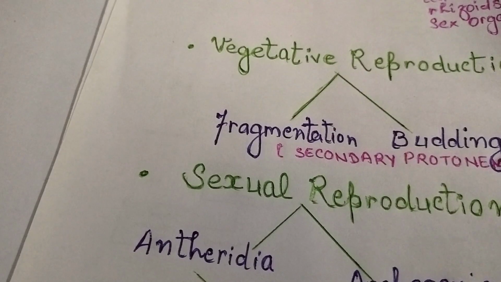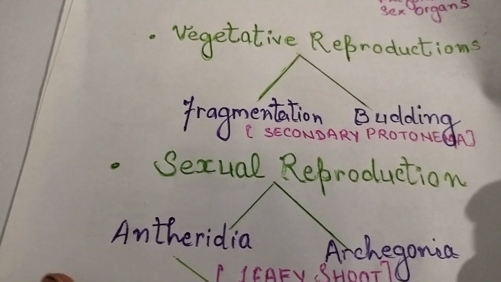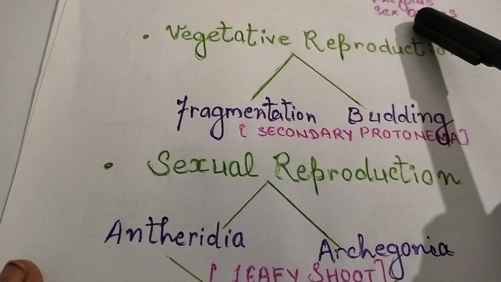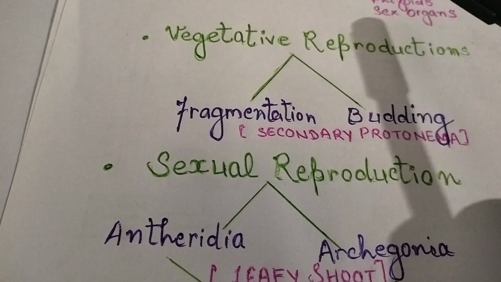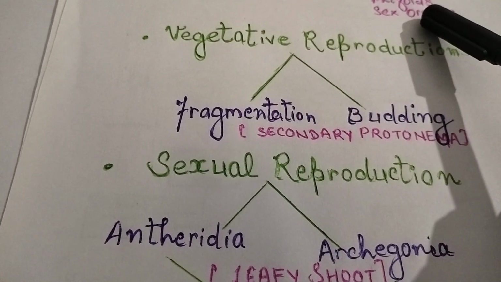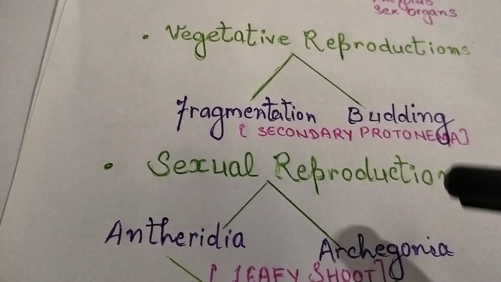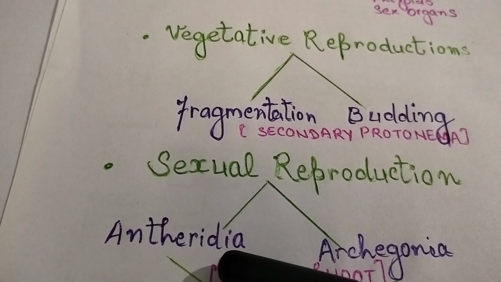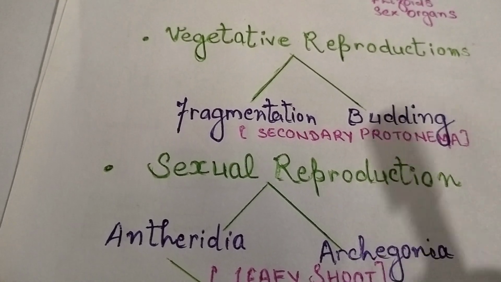In sexual reproduction, sex organs are produced where? Just now we have studied, in the leafy stage. The leafy stage bears the sex organs. And what are the sex organs? We have studied in general characters. They are antheridia and archegonia. Antheridia is the male sex organ. Archegonia is the female sex organ.